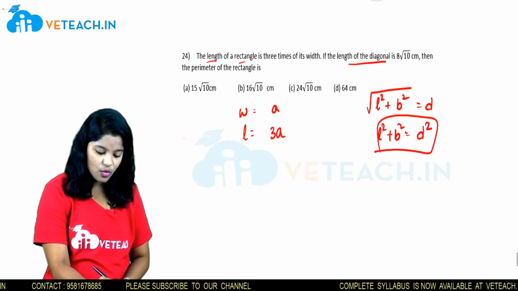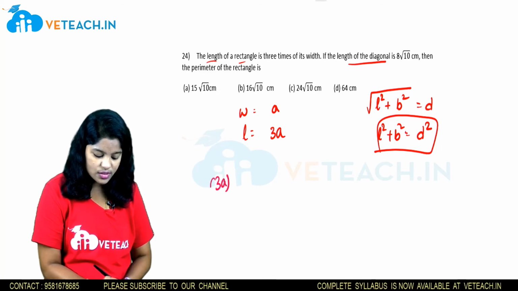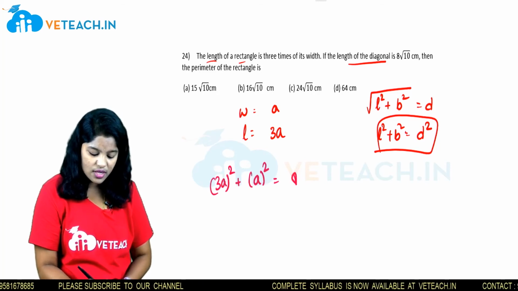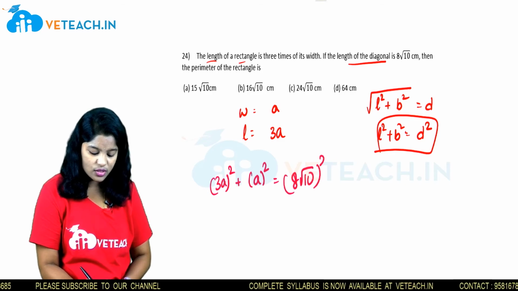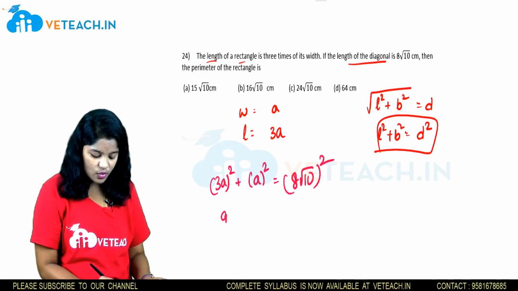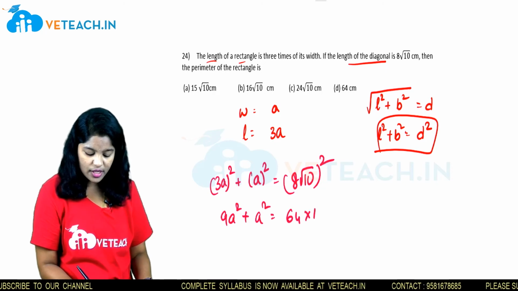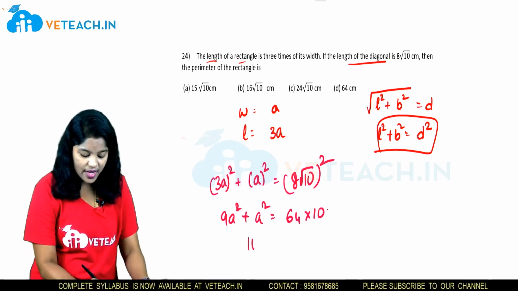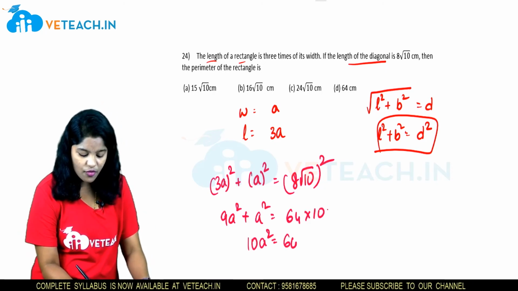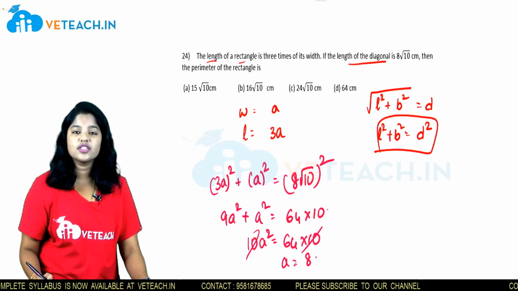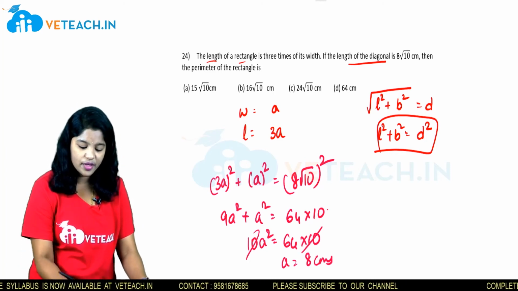So length is 3a whole square, breadth is a whole square, equal to diagonal 8 root 10 whole square. So that is 9a square plus a square equal to 64 into 10. So 10a square is equal to 64 into 10. 10 gets cancelled. a is equal to root of 64, that is nothing but 8 centimeters.